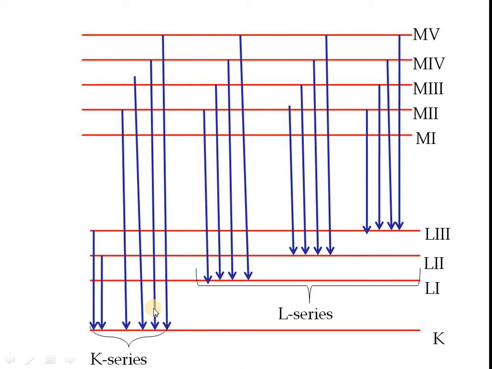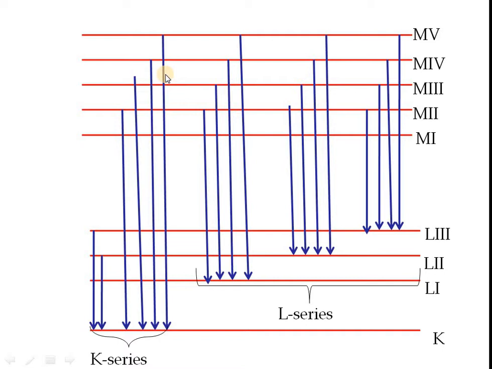So schematically, what kind of transitions take place in a PIXE phenomenon is shown here. We have a number of levels. K level is there, L level, or shells are there, and you can subdivide the shells into subshells. As far as the L shell is concerned, we have L1, L2, L3, and for the M shell you have 5 subshells.